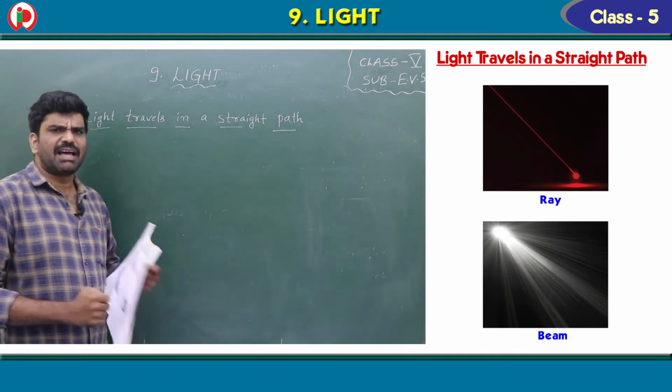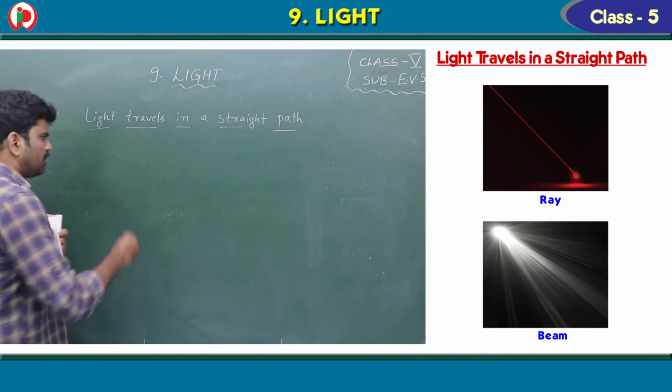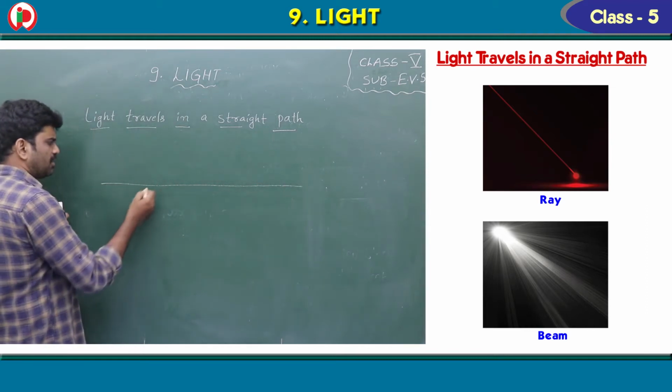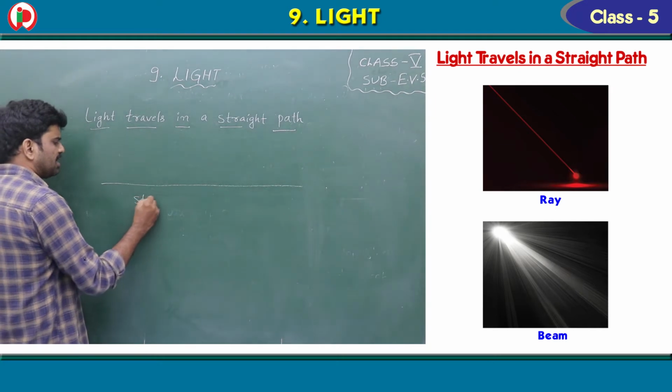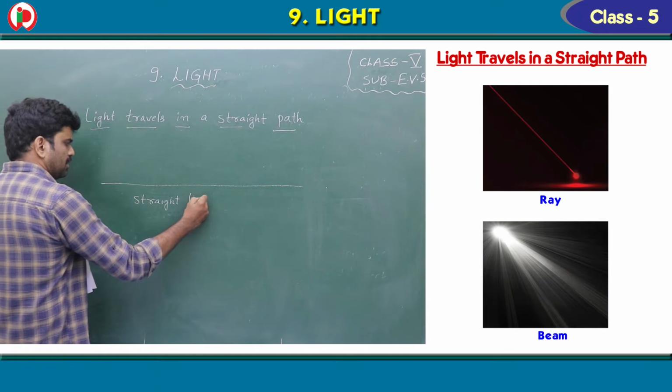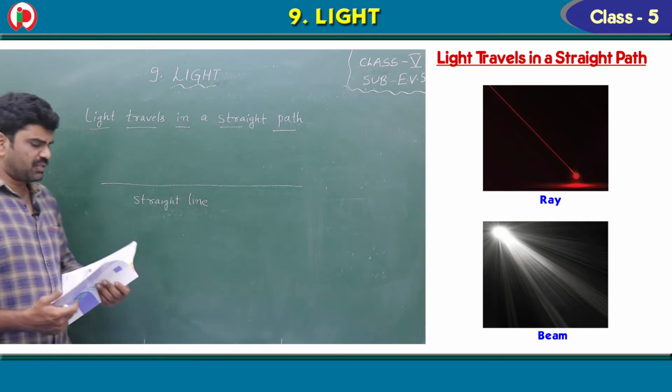Light always travels in a straight line, children. So here, light always travels in a straight line. It won't bend.